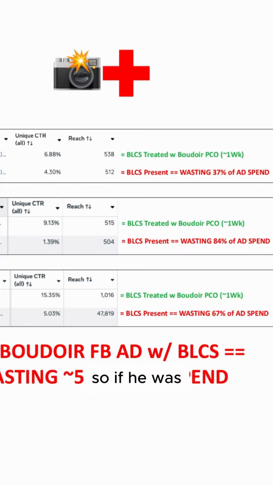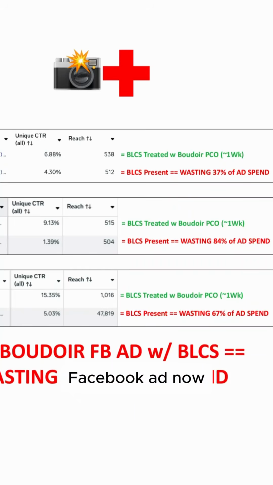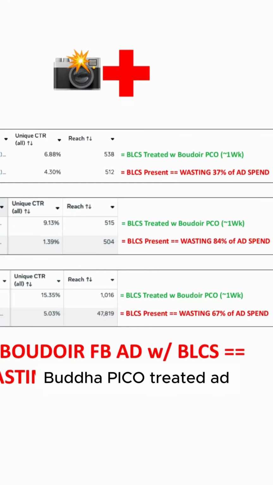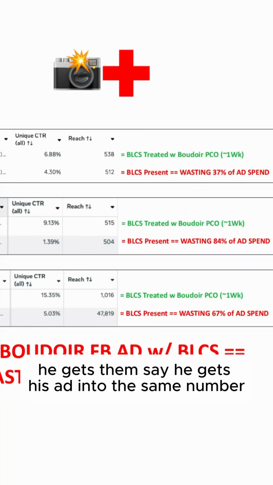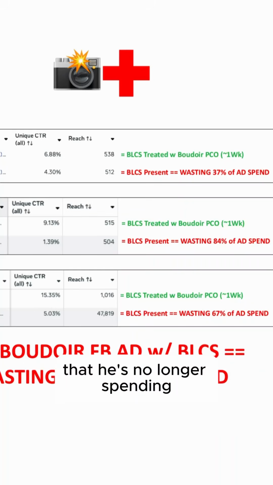So if he was spending 10 grand a month on that original Boudoir Facebook ad, now he only needs to spend 3,300 bucks a month on the Boudoir Pico treated ad, and he gets his ad into the same number of women's brains in both scenarios. So that's 6,700 bucks a month that he's no longer spending.